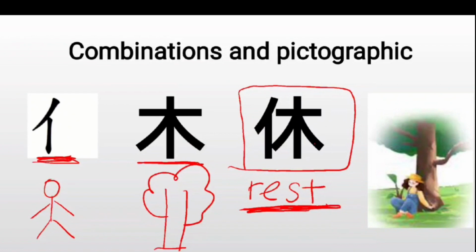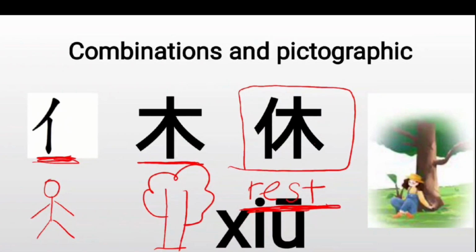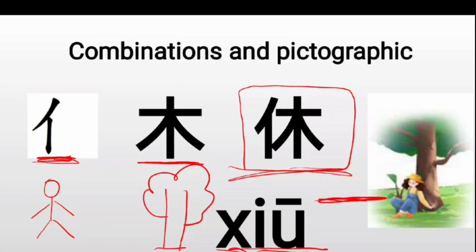And now it's time to pronounce the sound of it. Oh, sorry. I've kind of blocked it. Well, the sound is x, i, u, xiu, and it goes like the first tone. It's called xiu, xiu. See, when you ever see this word, you will think of a person sitting under a tree having a rest. That's the meaning of it. And you need to memorize the sound, xiu, xiu. So next time, you can read it.